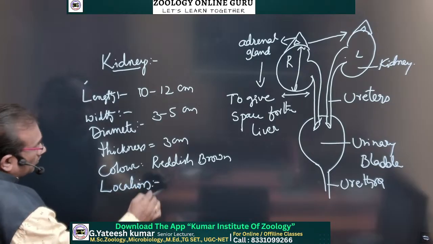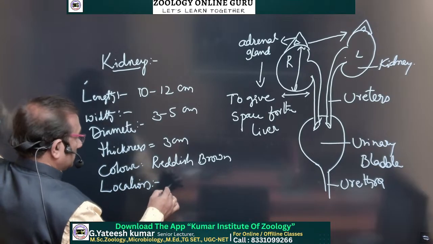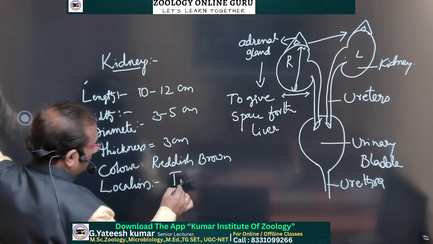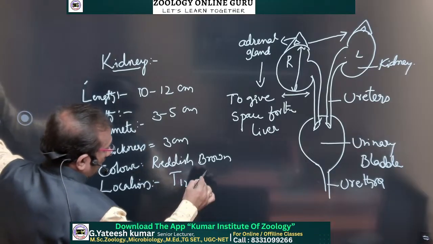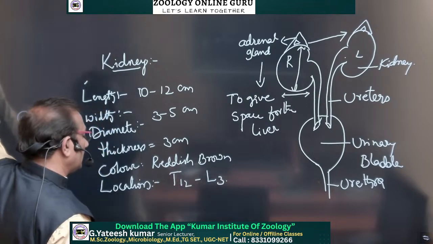The two kidneys are located in between T12 and L3.